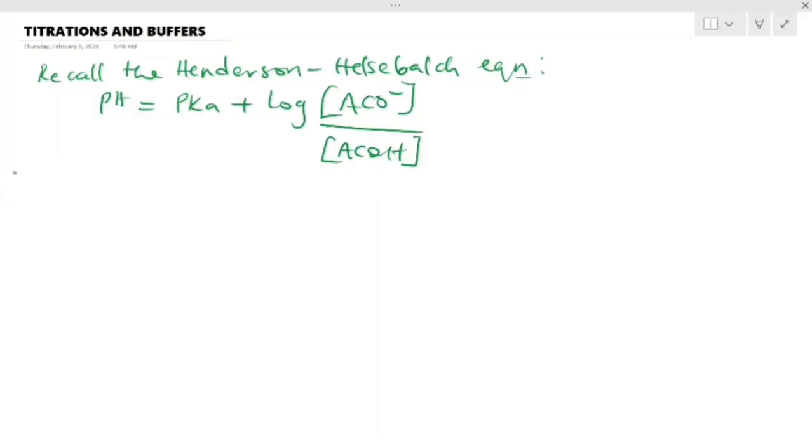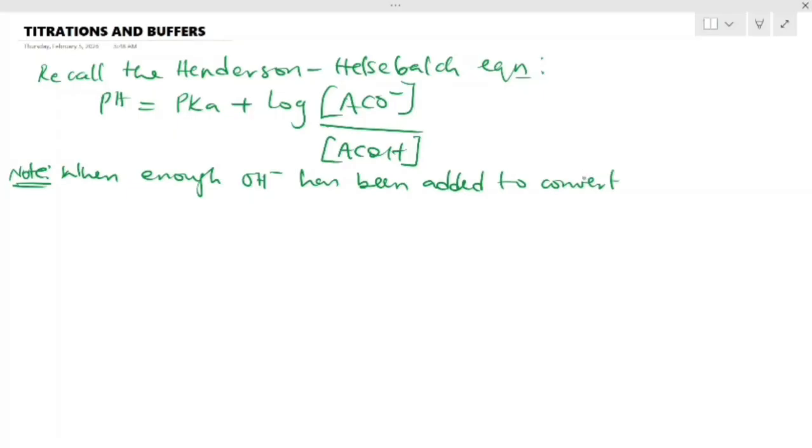So note, when enough OH minus, which represents your base, has been added to convert half of the acid to acetate, to convert half of what?